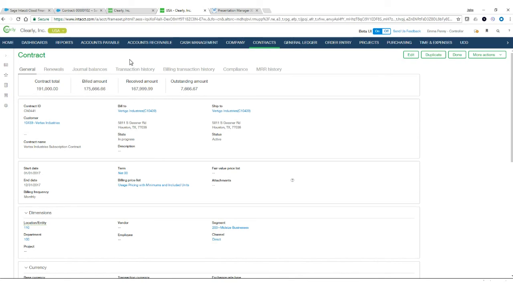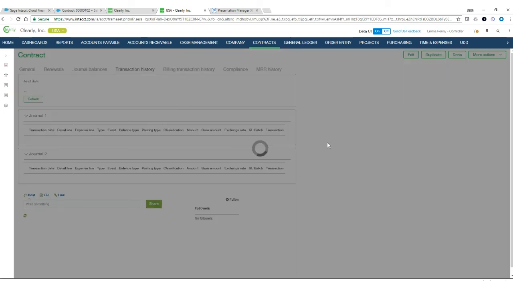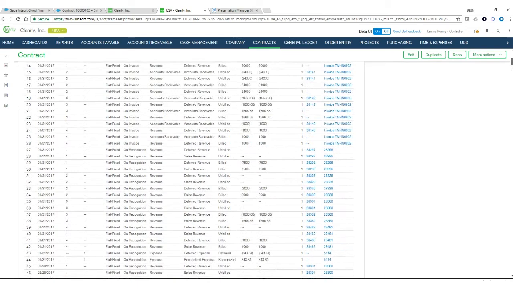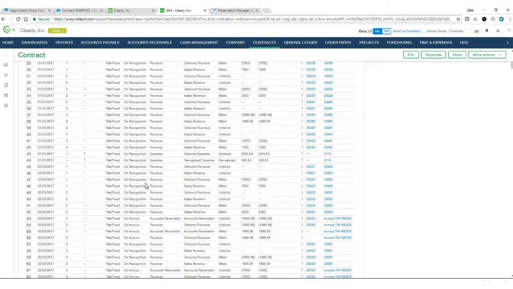So if we were to pull up, for example, the transaction history of this contract, what we'll note is the different events that occur from the creation to the invoicing, perhaps to recognition, to receipt of payment. All of these different events within Intacct are generating individual journal entries to track what the activity was and what the accounting impacts of that should be.